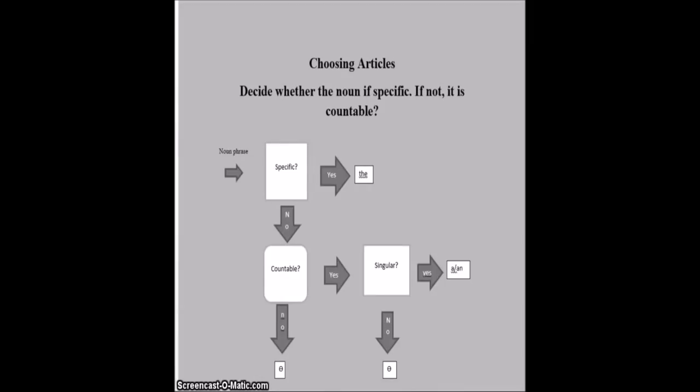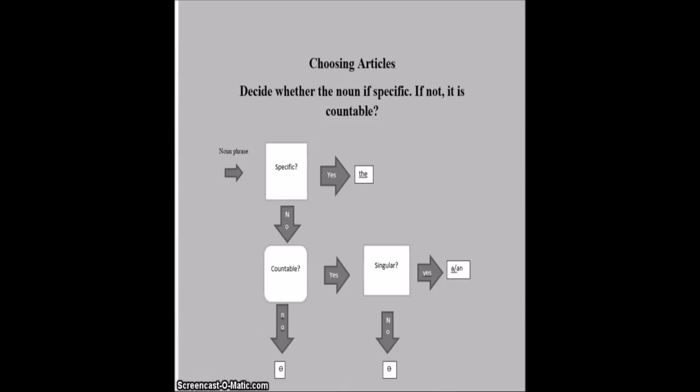So today we're going to talk about choosing articles to go with nouns. This is one of the most difficult aspects of the English language to learn. Very few students ever master it, but we want to give you an idea of some of the considerations in how to choose articles.